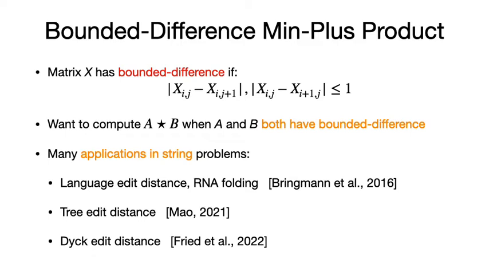In the paper by Bremen et al., they showed bounded difference min plus product can be used to solve language edit distance and RNA folding. In a recent paper by Mao, bounded difference min plus product was used in tree edit distance. Also, in a more recent paper by Fried et al., bounded difference min plus product has applications in computing Dyck edit distance.